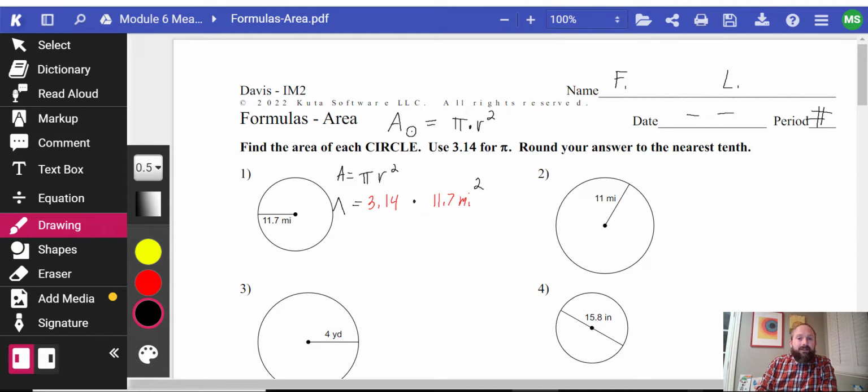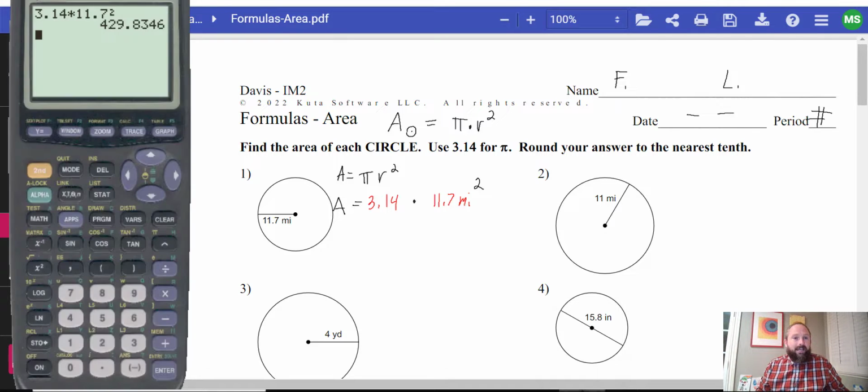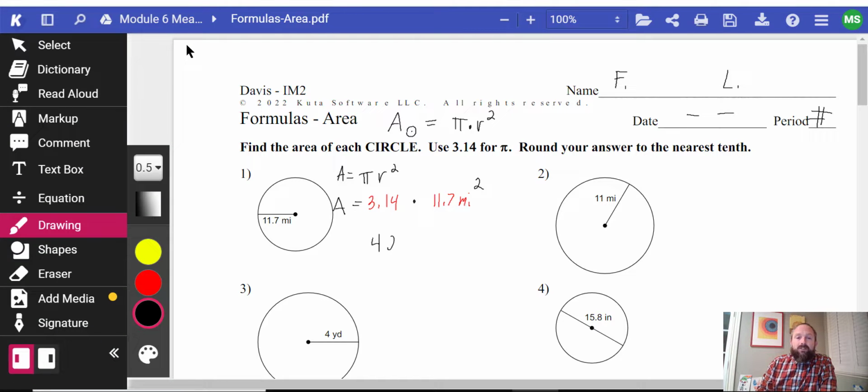If I take out my calculator and show the work, 3.14 times 11.7 squared, I get 429.83, and this will actually round up twice and make this 429.84. So the area of the circle is equal to that.